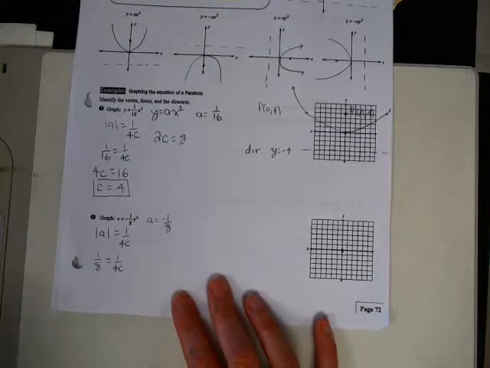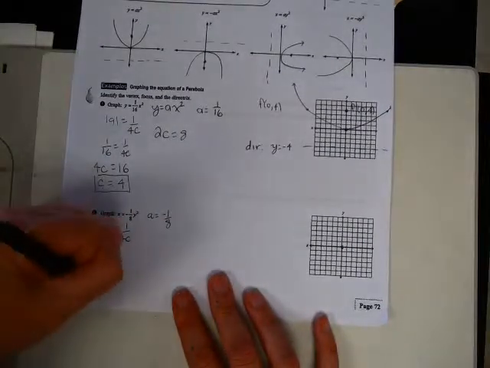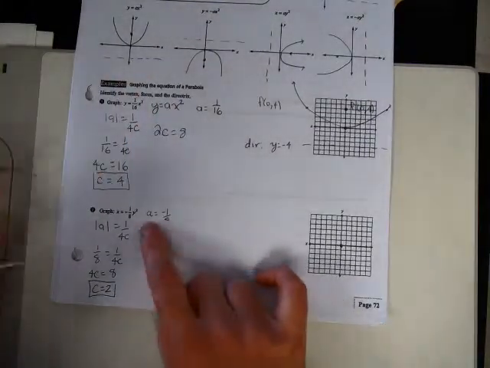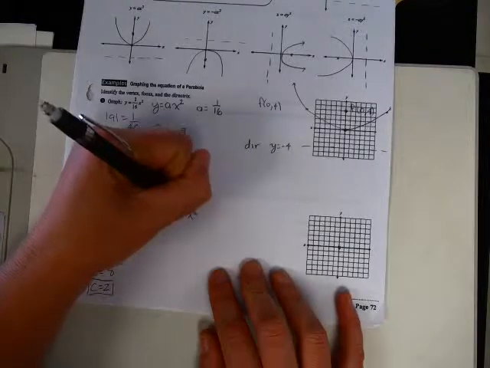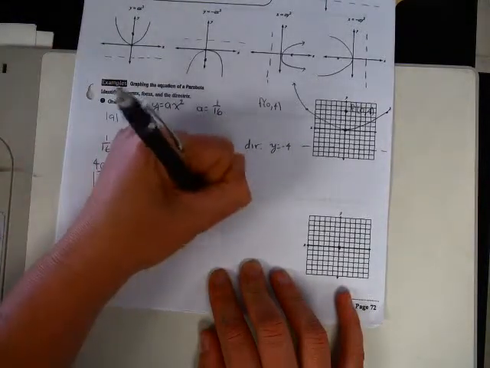Again, I can cross multiply. 4c equals 8, and c equals 2. Up here, I'm just going to write the form of this equation, which is x equals negative ay squared.